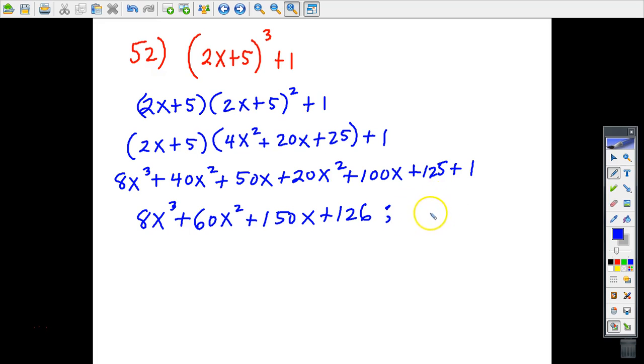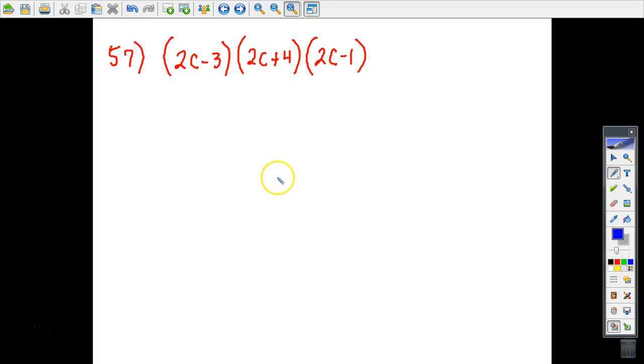And then to classify by the number of terms, I would just say it's a polynomial with 4 terms. Remember, for 4 terms and higher, we don't have a specific name to give the polynomial. We just describe it.